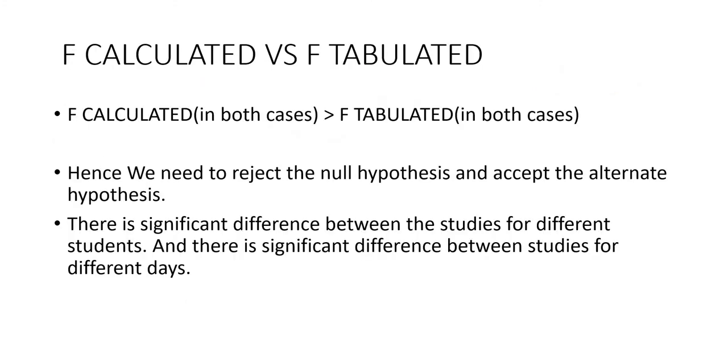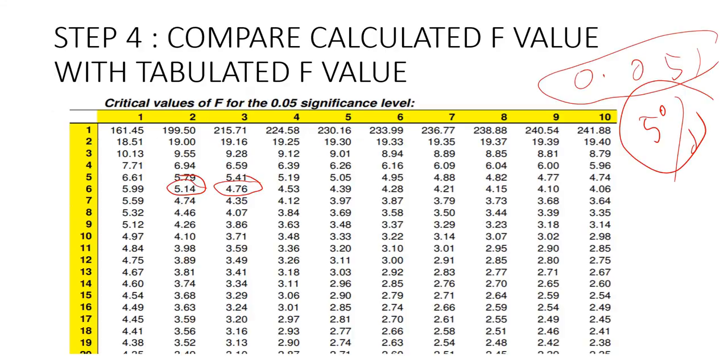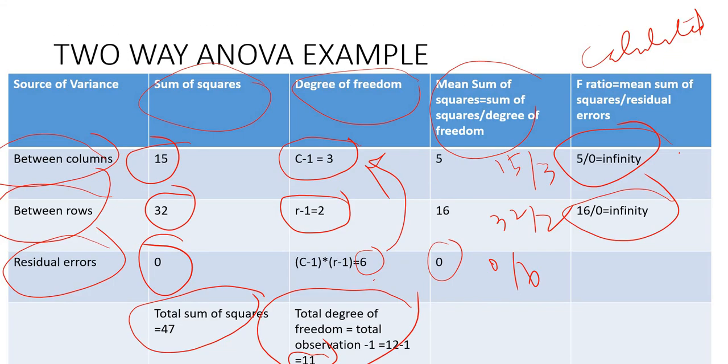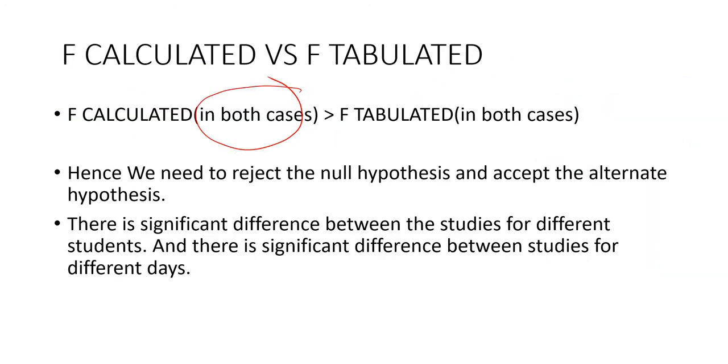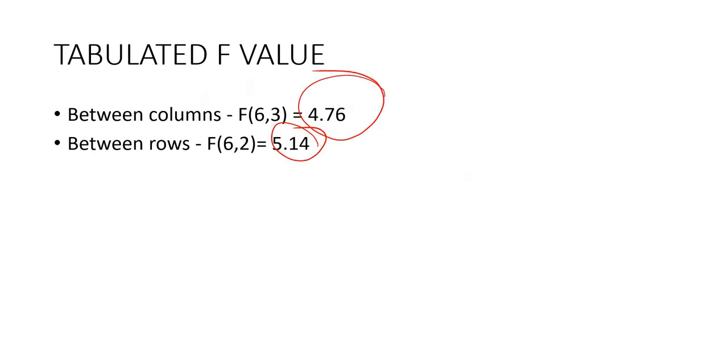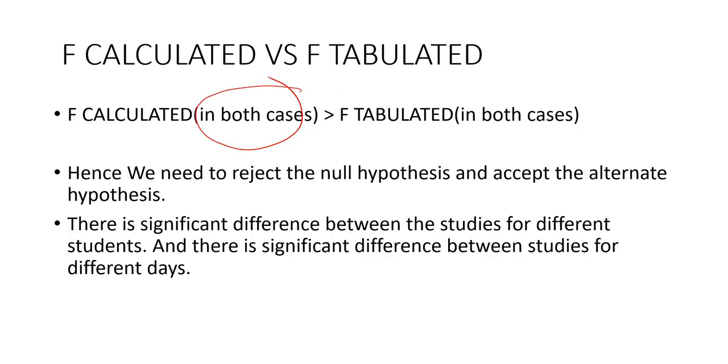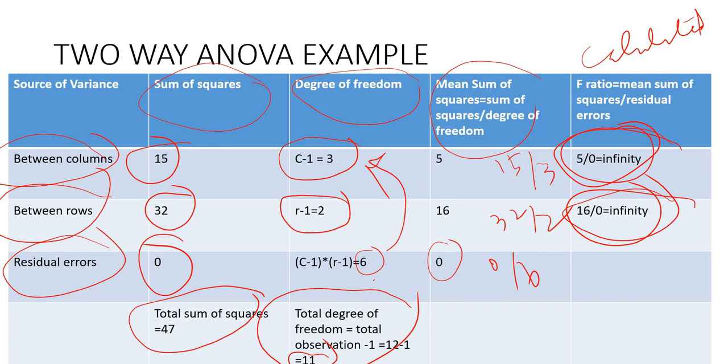From this, we have F calculated in both the cases. These two are infinity, between columns and between rows. F tabulated you have between columns and between rows, for students and days. Both of them, F calculated is greater than F tabulated, because F calculated we got as infinity.